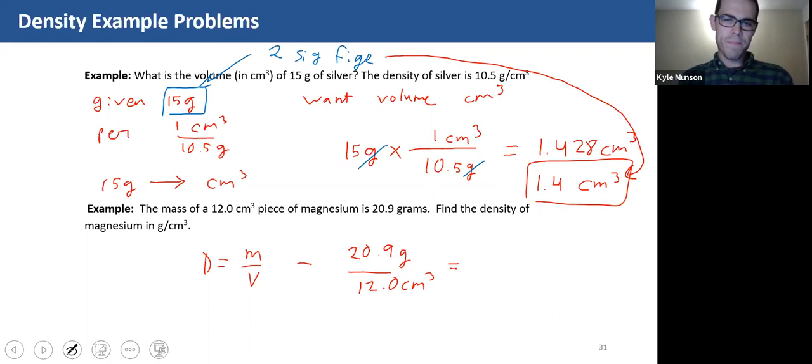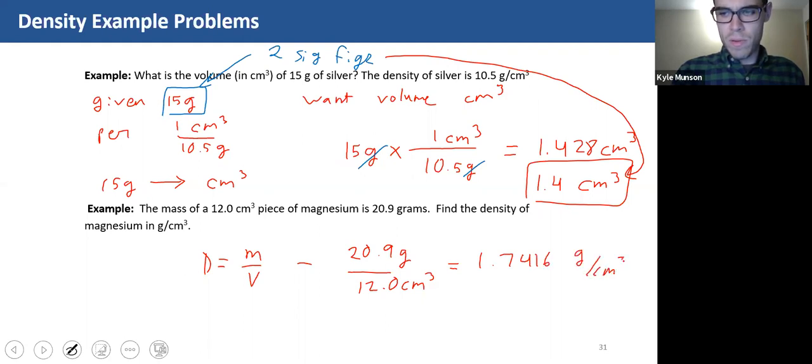Okay. Let's calculate this. Okay, and I get 1.7416 grams per centimeter cubed.